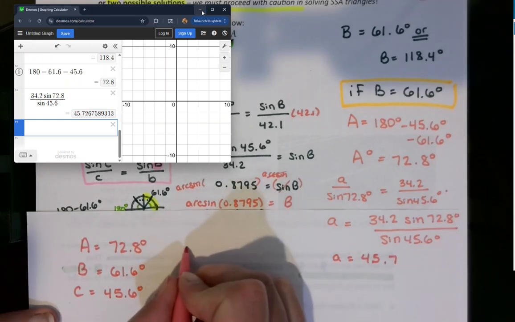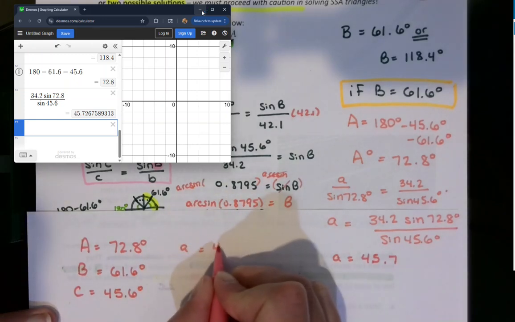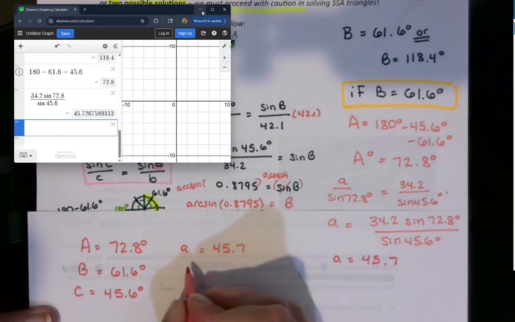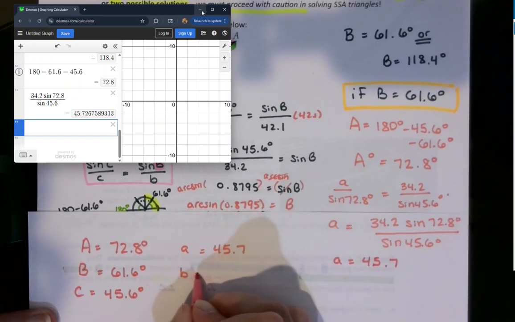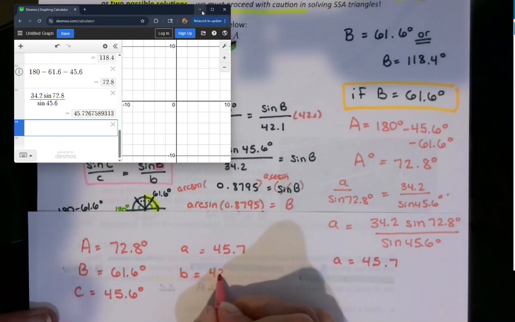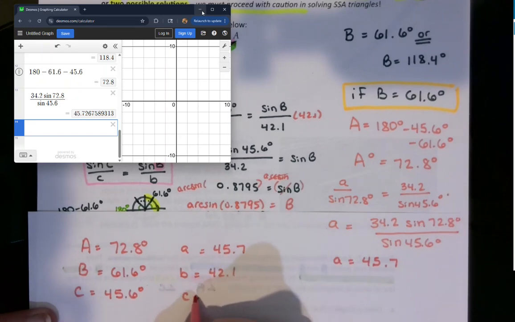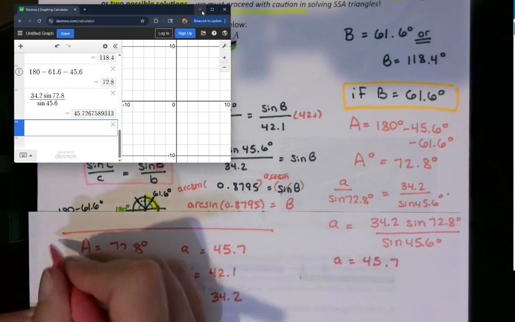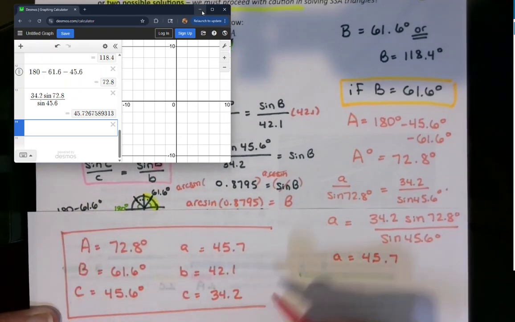And then side little a is 45.7. Side little b was 42.1. And side little c is 34.2. Okay, so we've got ourselves a solution.